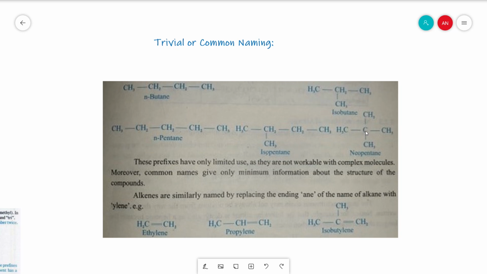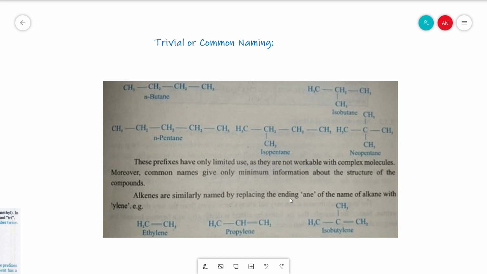And if this carbon has no hydrogen and all sides are surrounded by methyl groups, it's neopentane. These prefixes have only limited use as they are not workable with complex molecules, as I already told you. Moreover, common names give you only minimum information about the structure of the compound.